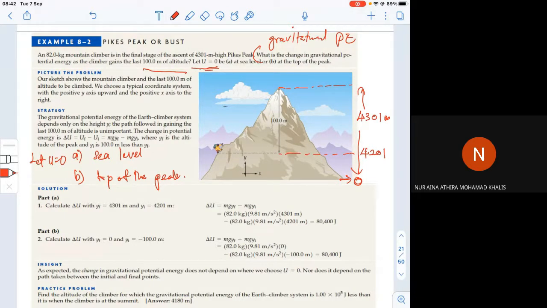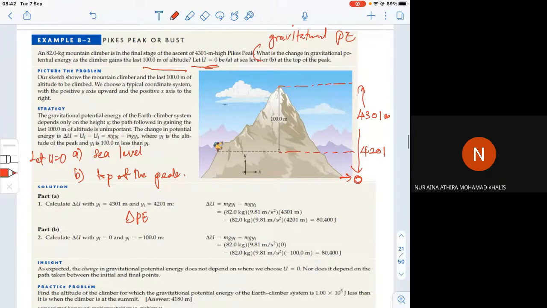We can say that the change in potential energy is based on mgy final minus mgy initial. The mg is the same, so the difference is just y final minus y initial.